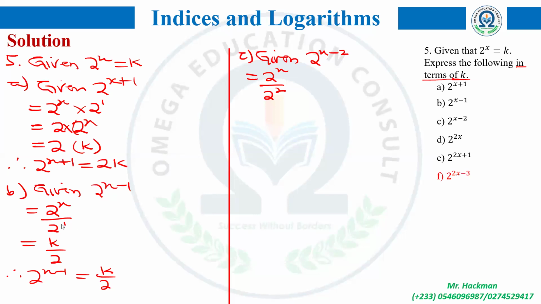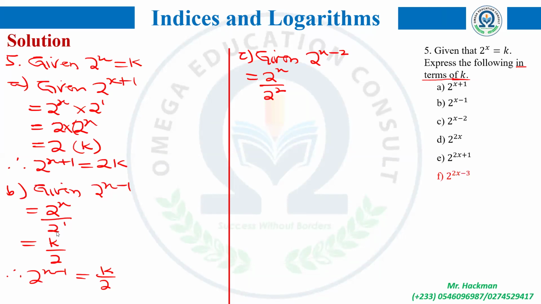Anytime you see addition, it is coming from multiplication, which means the bases were the same and the exponents were added. If it's subtraction, then it's division. So if I have a to the power m minus n, that came from a to the power m over a to the power n. That's what I used here.